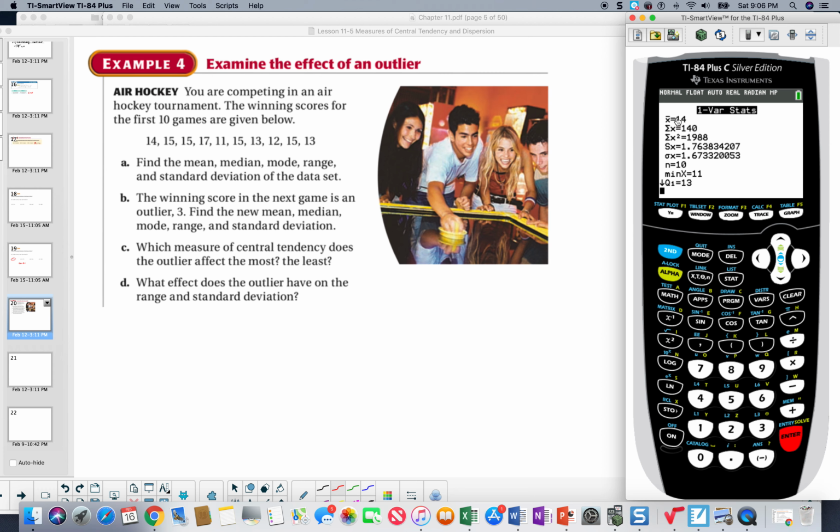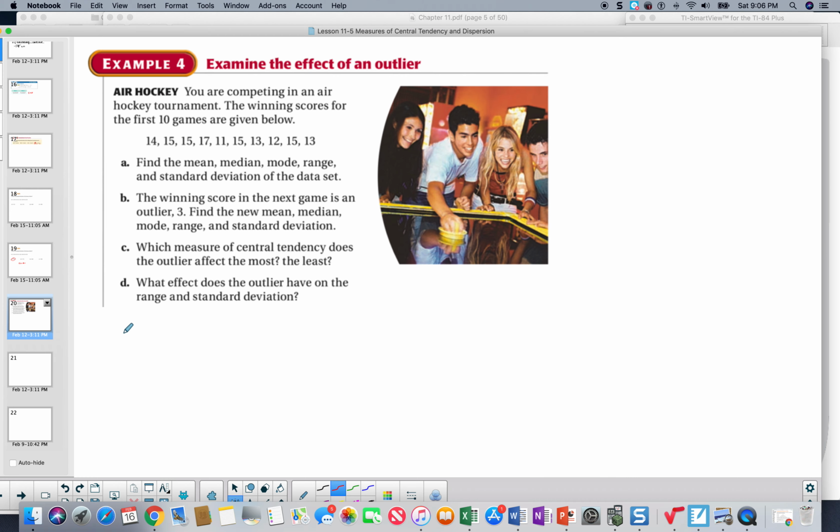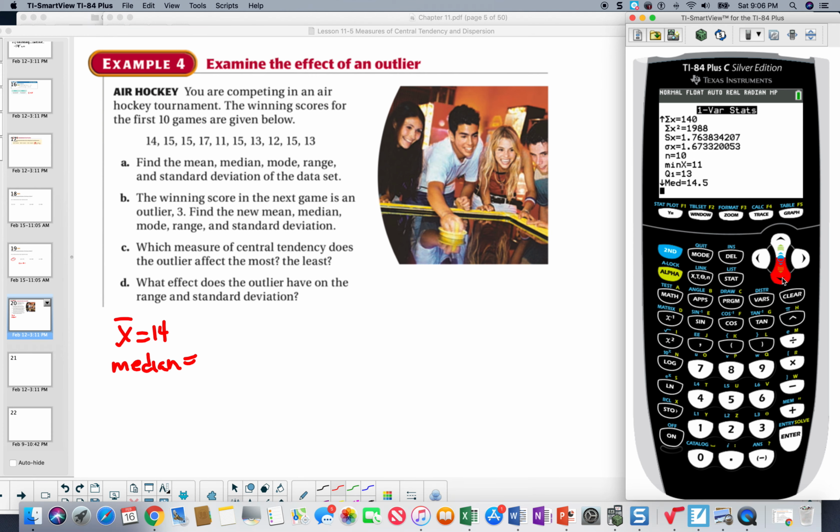And so what I can do is write these down. Let's see. Mean was 14. My median, let's go ahead and look at it again. I have to just go down here.